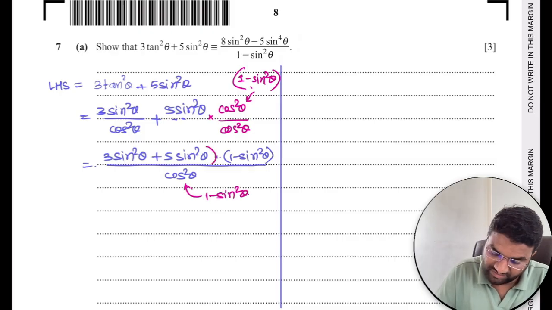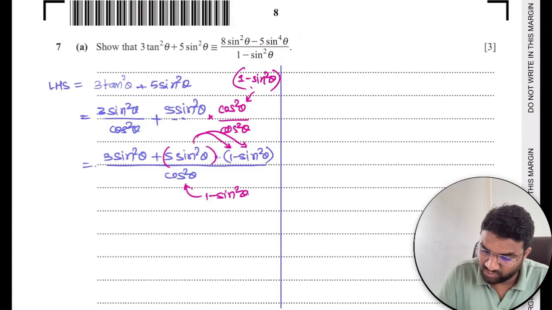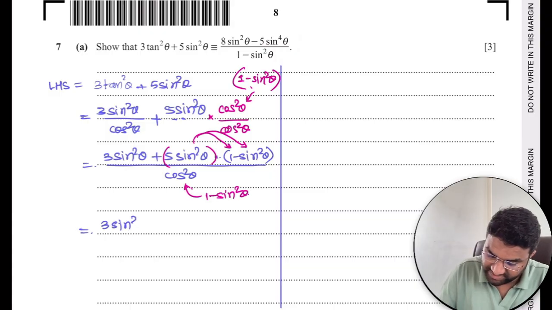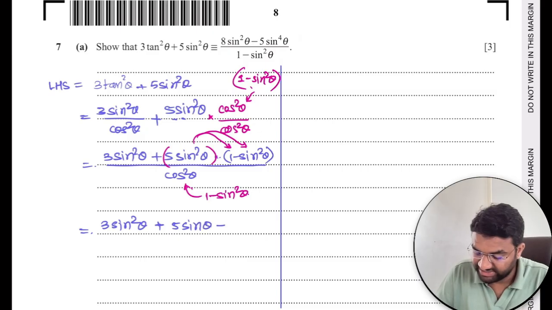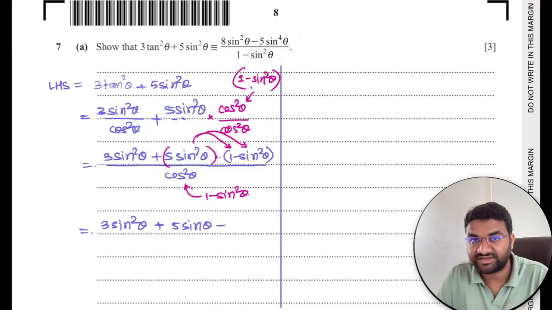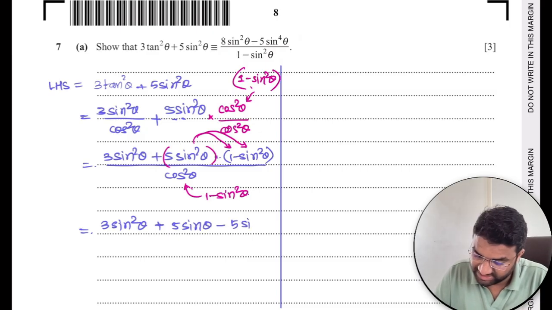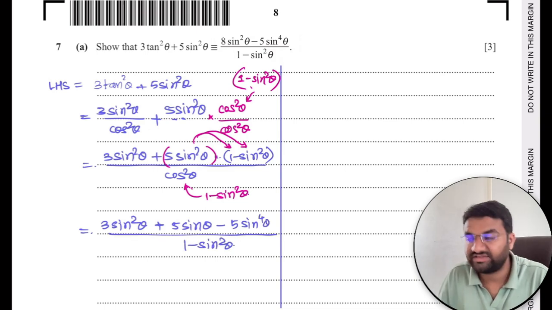Now we have to multiply inside the bracket. So it will be 3 sin square theta plus 5 sin square theta minus 5 sin square theta times sin square theta, which is 5 sin to the power of 4 theta, upon 1 minus sin square theta.